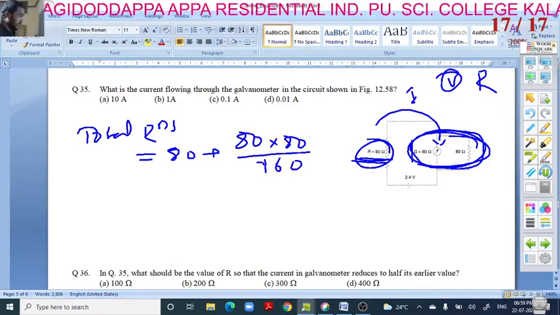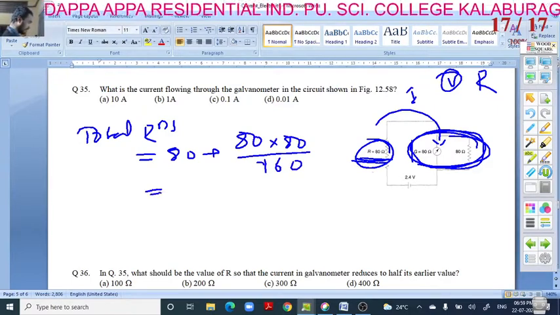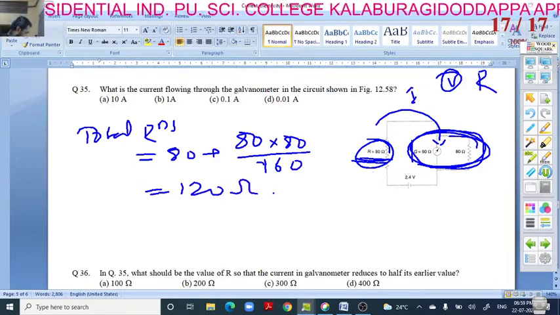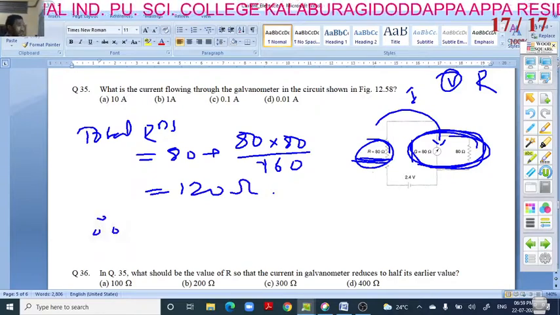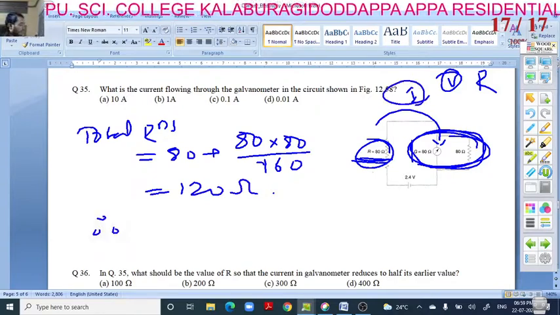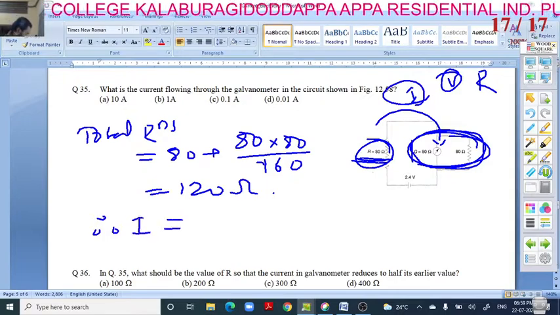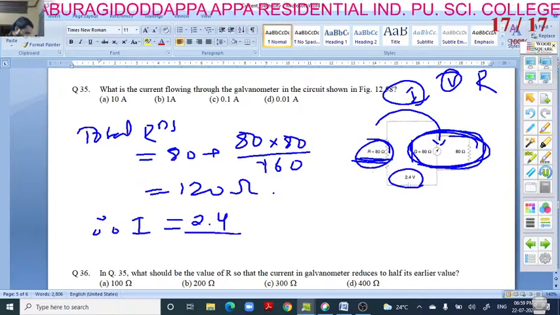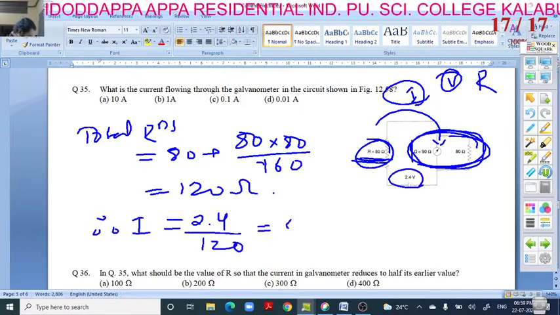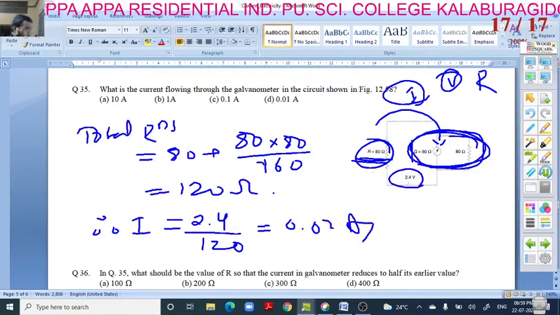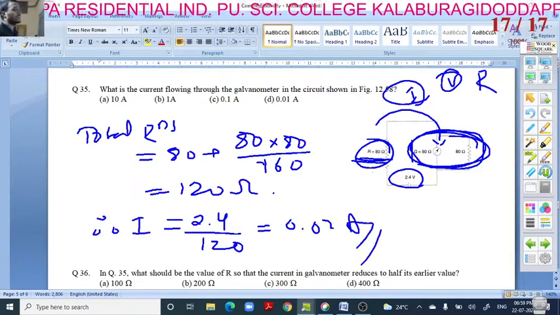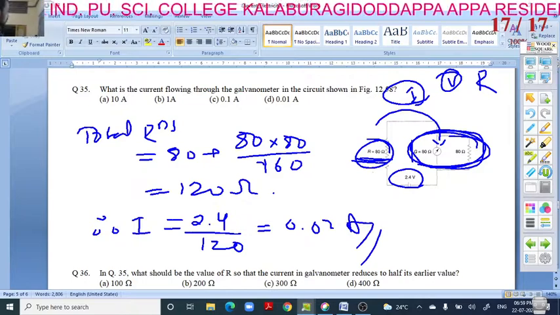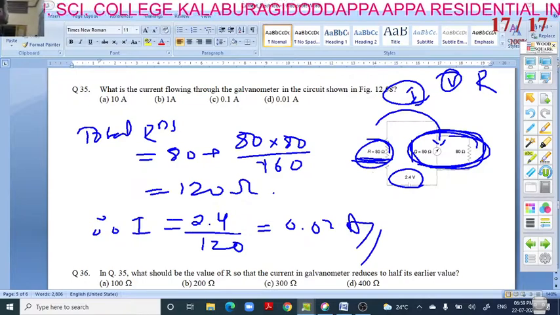By simplifying, you will get 120 ohm. Therefore the current in the circuit, our aim is to find the current only. So current I is equal to 2.4, already given, divided by 120, which is equal to 0.02 ampere. This is our solution, right? 0.02. Okay, this is the question.